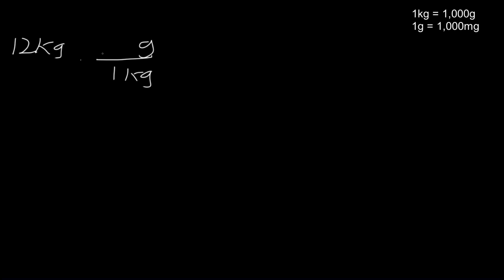Now, because 1 kilogram equals 1,000 grams, I will put a 1,000 on top. So now I have 12 kilograms times 1,000 grams over 1 kilogram. The reason we do this is now I can cancel out the kilograms, and all I'm left with is grams.